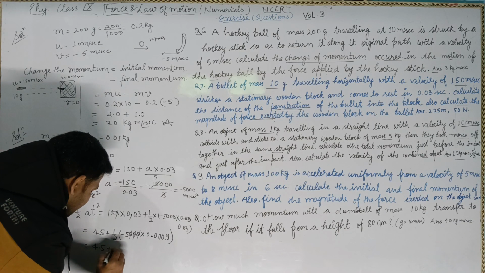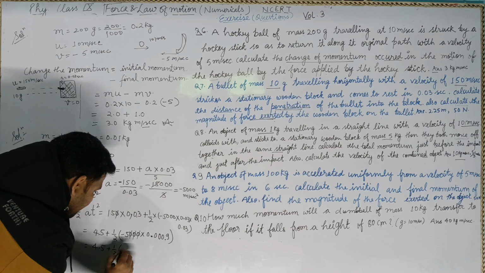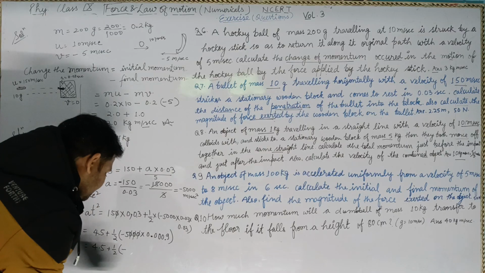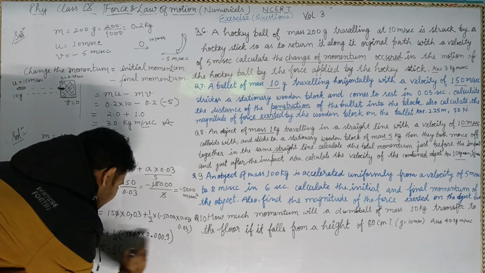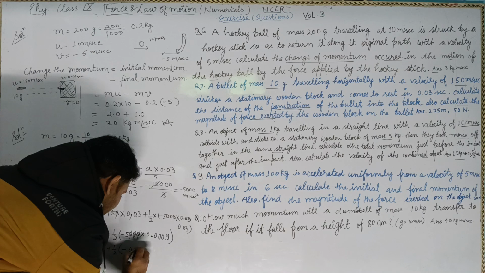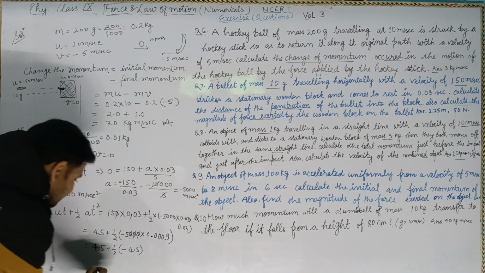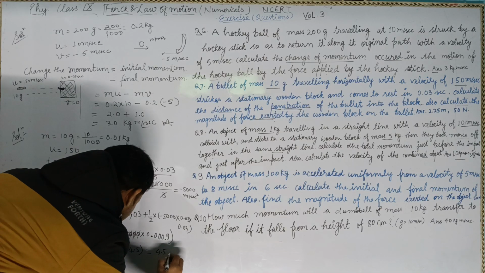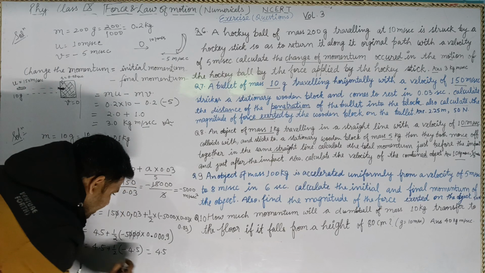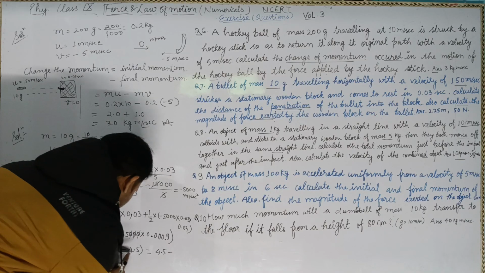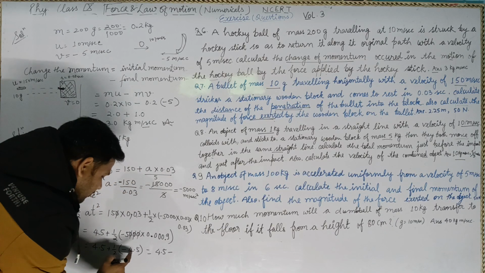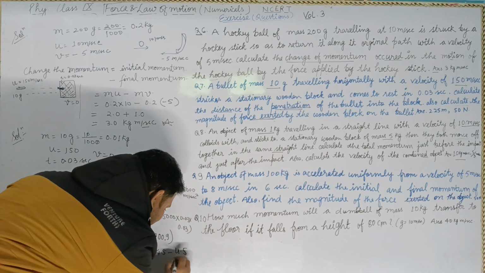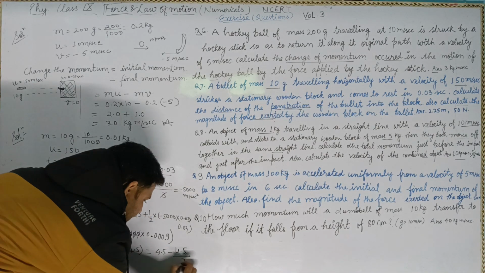So 4.5 plus 1 by 2 into minus 5, 5 9 is 45, so 4.5. When we solve it, 4.5 plus into minus will be minus 1. We multiply 4.5 by 1, 4.5 upon 2.